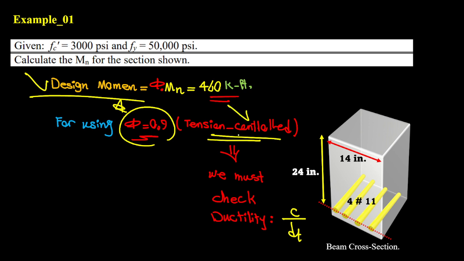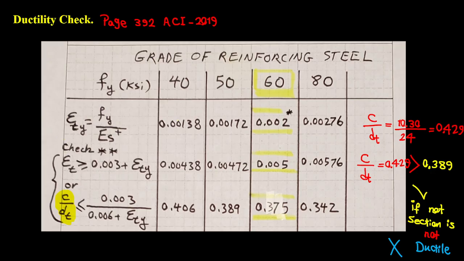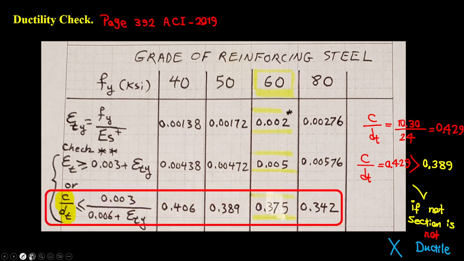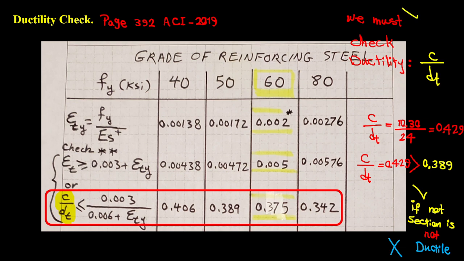We must also do the ductility check, which is this ratio of c over d. So again, we can jump to the table and check the ductility, c over d, in the last column for grade 50 steel. So c over d should be smaller than the limit.